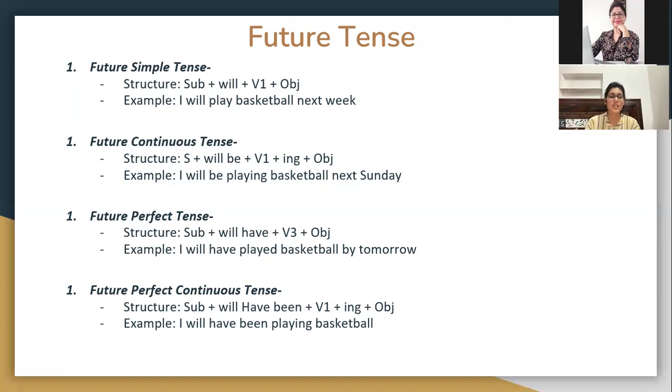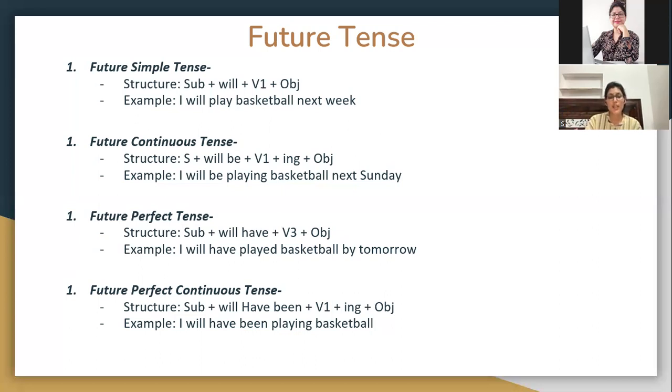Example: I will have been playing basketball, or I will have been dancing on the floor of college tomorrow. Its example in a different way: I will have been playing basketball for 3 hours, or I will have been playing basketball since morning.